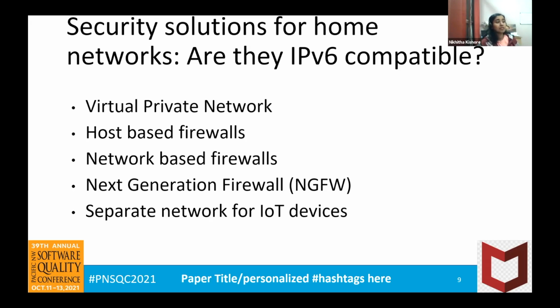Another thing which users have to do in a home network is separating the network for IoT devices. Now, as I told, IoT devices usually contribute to a lot of home network attacks. So it is really important that your IoT devices are in a separate LAN segment than from your main devices. So what you can do is most of the routers allow for multiple Wi-Fis, right? So it allows for a main Wi-Fi and it allows for a guest Wi-Fi.